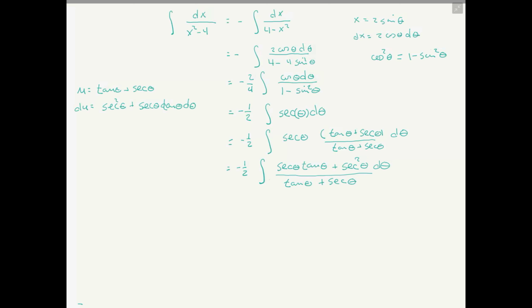Now we use a u substitution. U equals tangent theta plus secant theta, and then du equals secant theta tangent theta plus secant squared theta d theta. And that's what we have in the denominator.